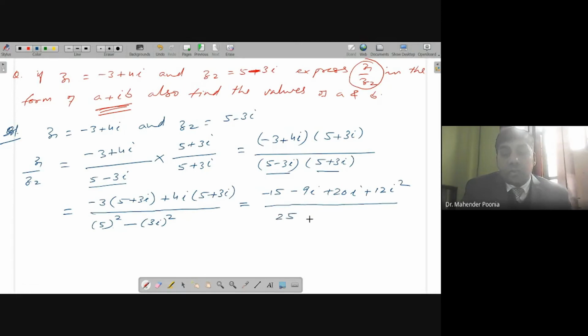25 minus 9. 3 square is 9 and iota square, right?